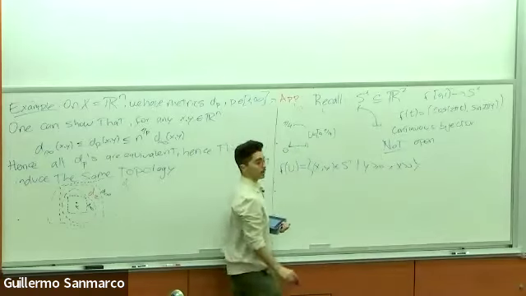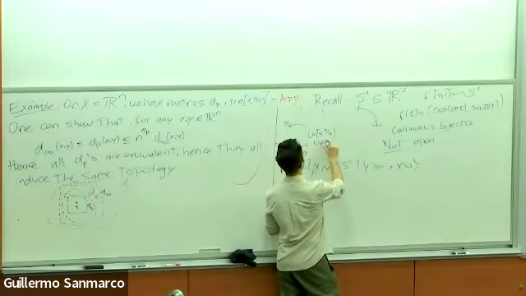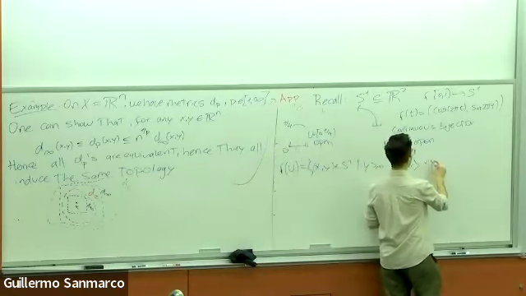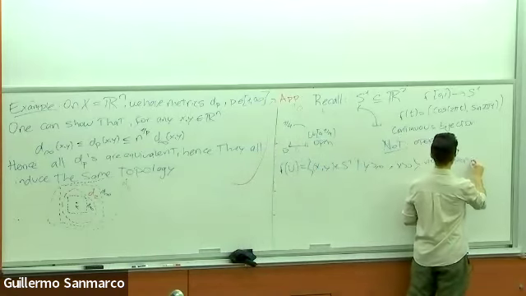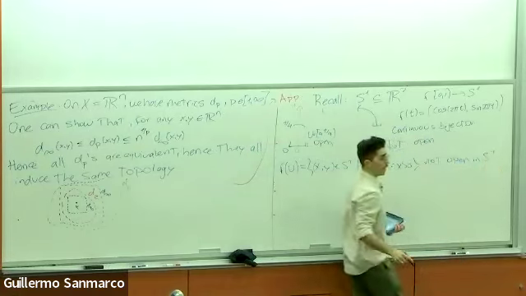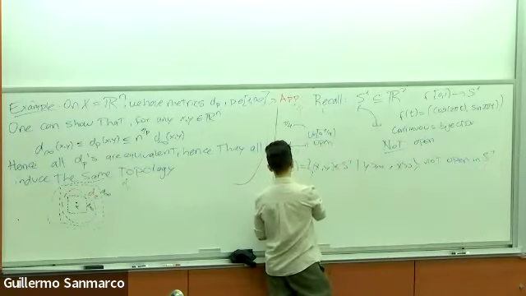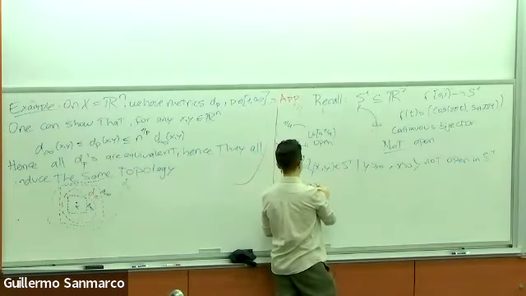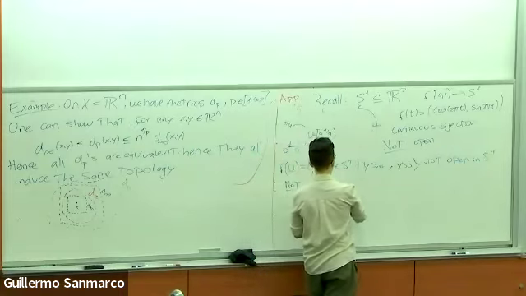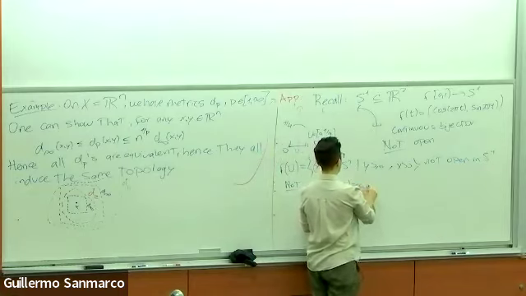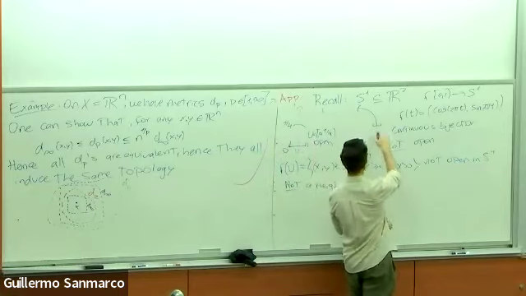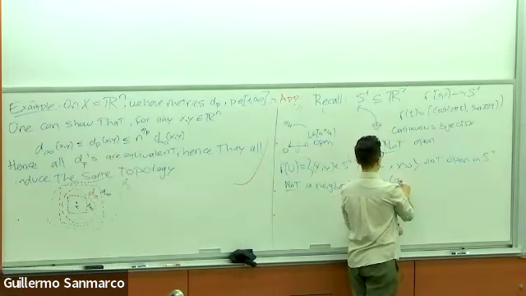This is open, but this is not open in S1. And the reason is because here we have this point, this is not a neighborhood of the point 1, 0.